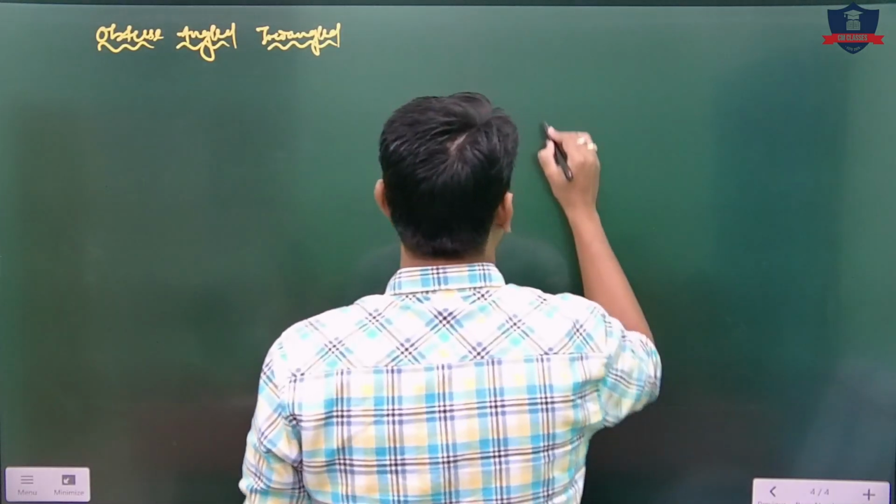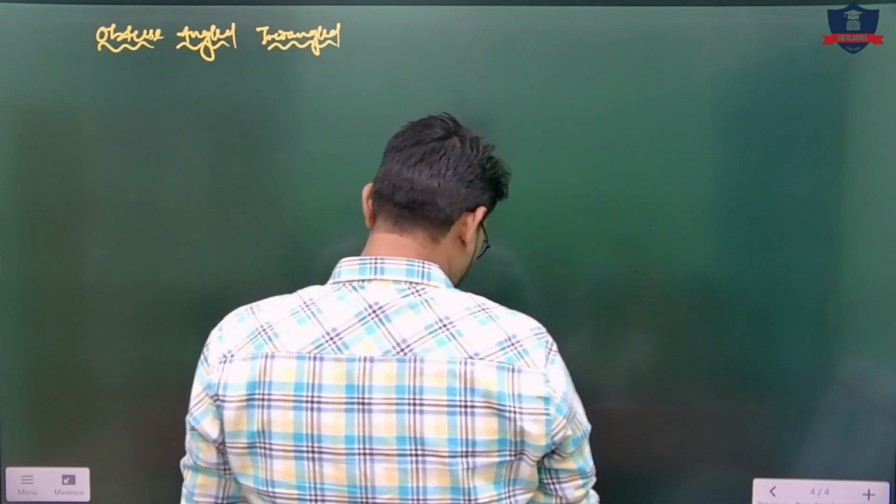Now tell me everyone, obtuse angle triangle means what? It is a triangle whose one angle is more than how much? More than 90 degrees, right?